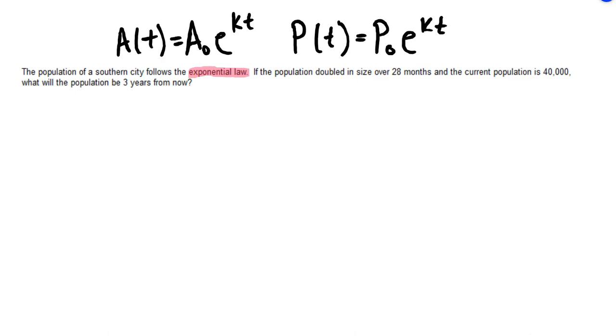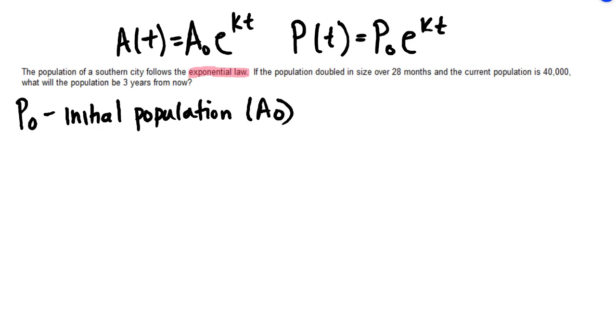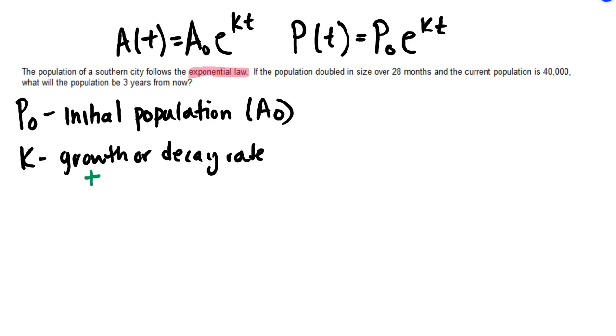So let's talk about what these different pieces of the formula mean. We have that P naught, which is our initial population. And if you're using the formula with A, that would be A naught. The k is your growth or decay rate. So it's called a growth rate if your population is growing, and your value of k will be positive if your population is growing.